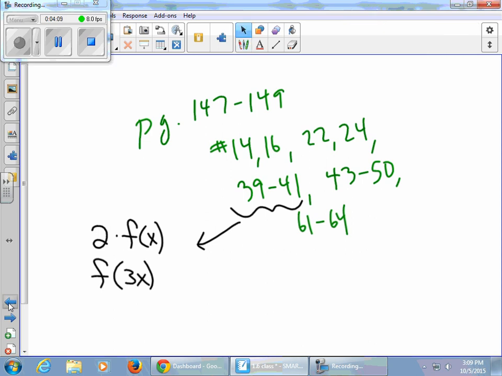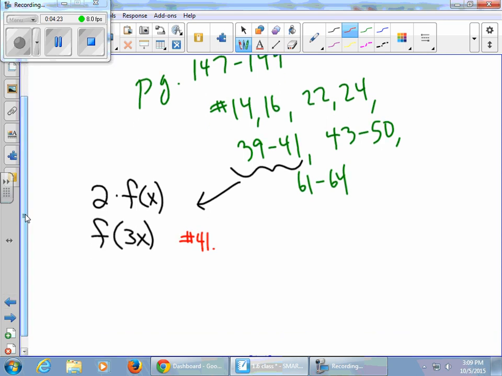So, I mean, I could take any of them and do that math. If I just do, let's say I randomly did 41. Okay, so 41 is f of x equals x squared plus x minus 2.